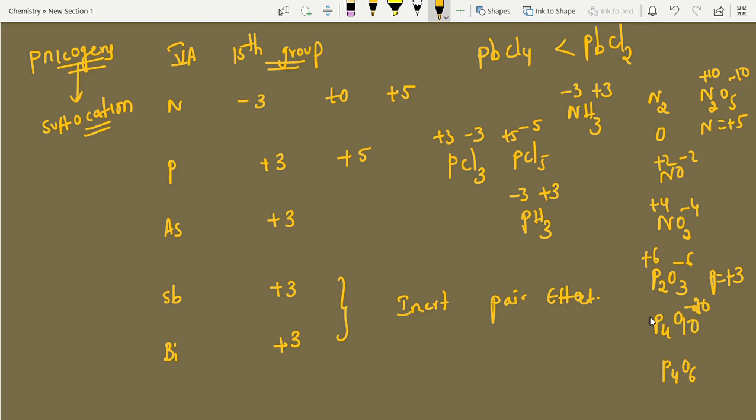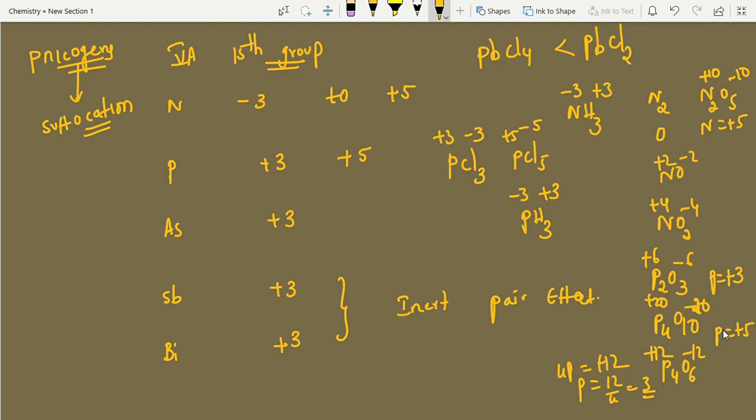So 10 twos are 20, each phosphorus is 5. And here minus 12, plus 12, 4 phosphorus is 12, each phosphorus is 12 by 4, that is 3. So it depends on the combining capacity of the element. The maximum oxidation state of phosphorus is plus 5.